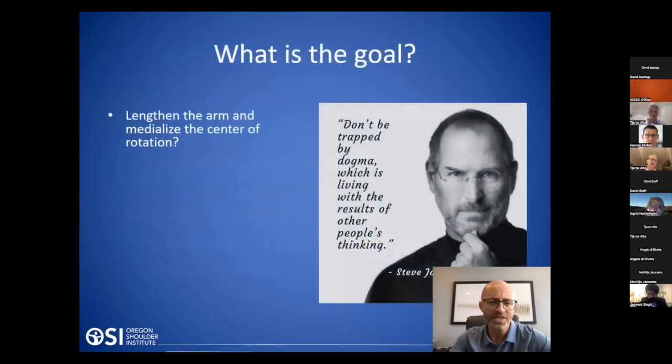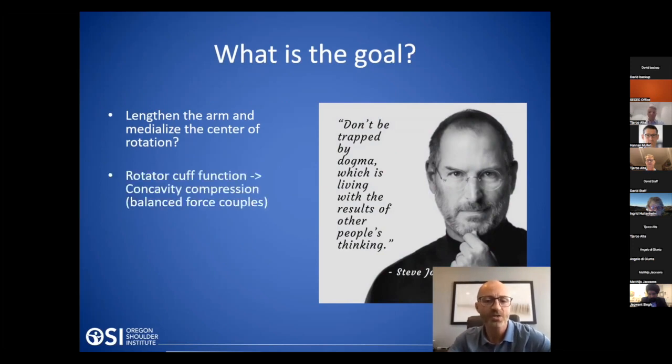So if we take a step back and really ask ourselves, what is the goal of reverse shoulder arthroplasty? Is it really to lengthen the arm and medialize the center of rotation? And I would submit to you that really what we're doing in the case of reverse shoulder arthroplasty, of course, of almost any indication, is to compensate for the rotator cuff. And of course, the rotator cuff provides concavity compression of the glenohumeral joint.